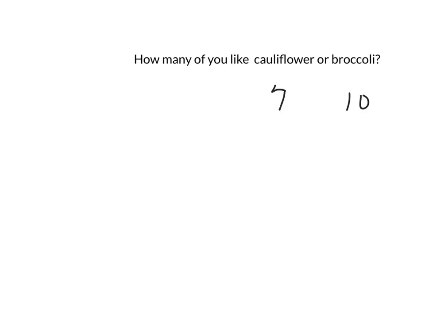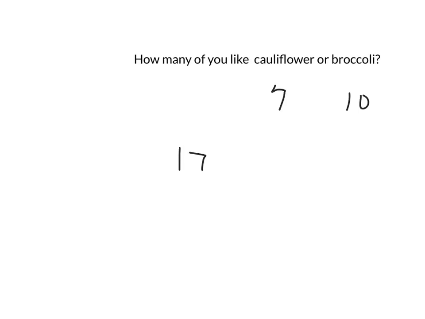Do you know what a lot of people would say? They would say add 7 and 10 and get 17. That cannot possibly be right because there's only 11 of you, right? Well, that's not the answer.